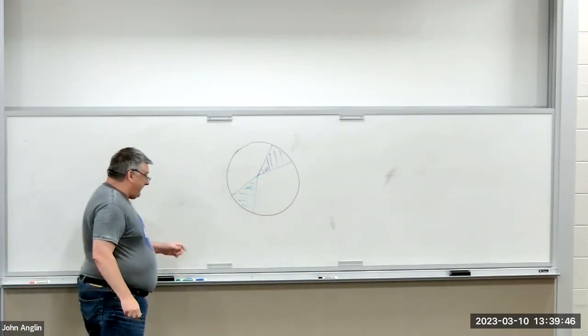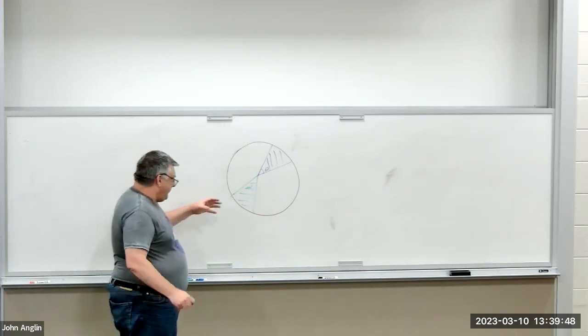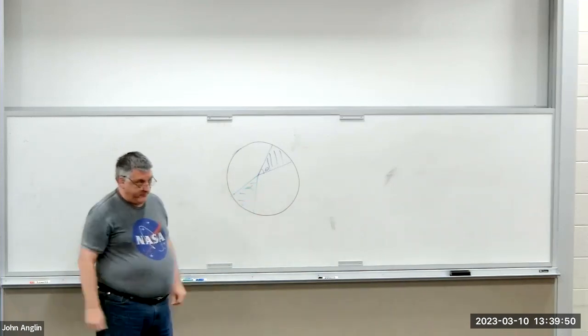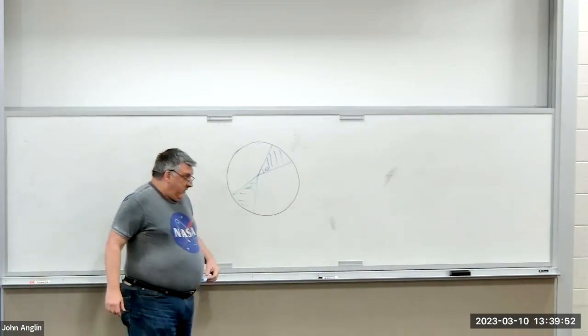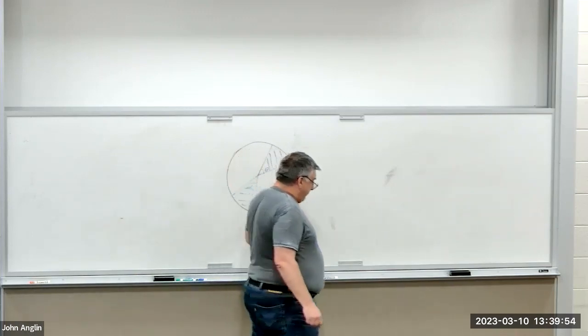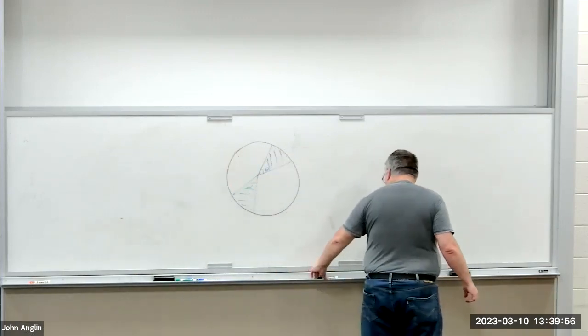It's pretty easy to see that in a circle, but this is also true if the thing is an ellipse and it's really stretched out. So this is Kepler's second law of motion.